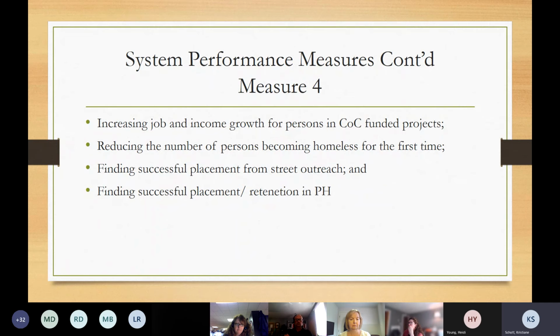And it also separately looks at anyone's changes in income, non-cash income, and employment for those people who exited the project during the reporting period.